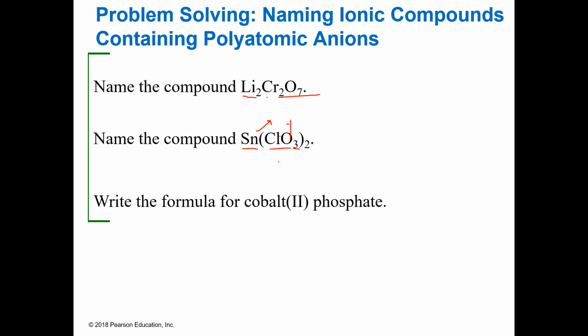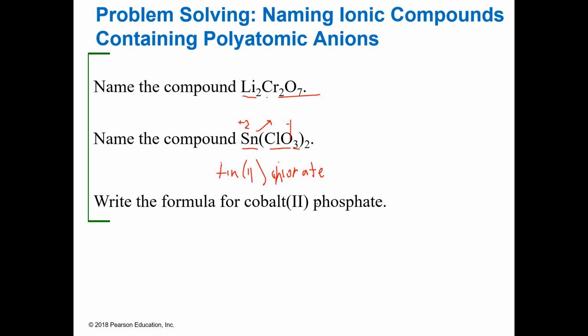I have 2 of them. So that means the metal has to have a +2 charge. So I would name this metal (II) chlorate. And again, you're not expected to memorize your polyatomic ions, you just got to know how to use them.